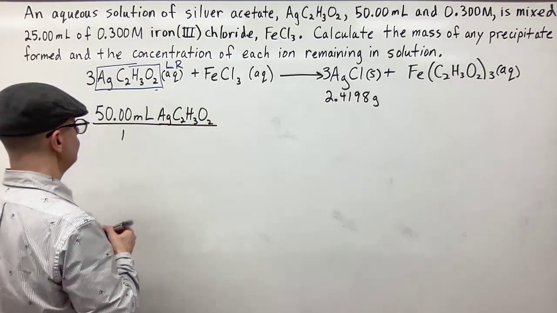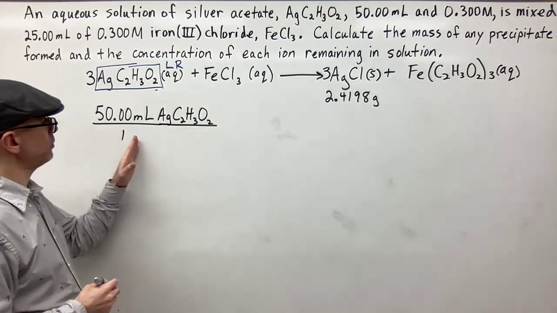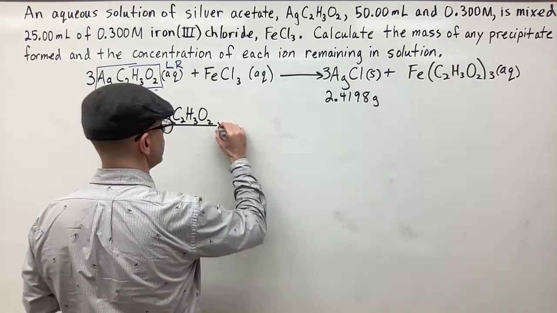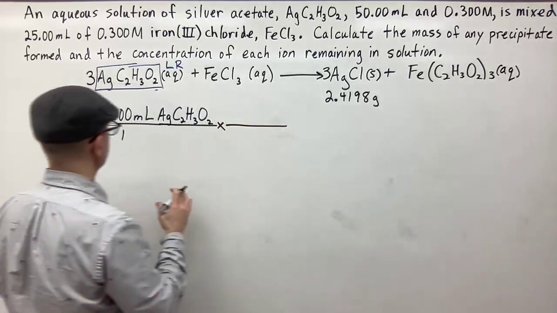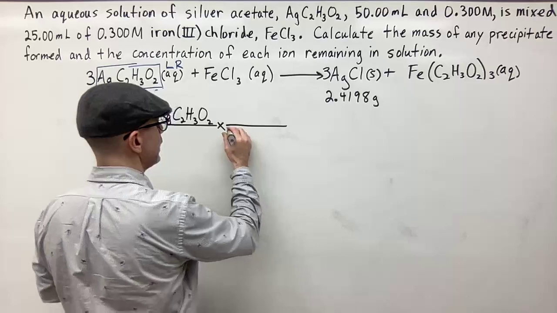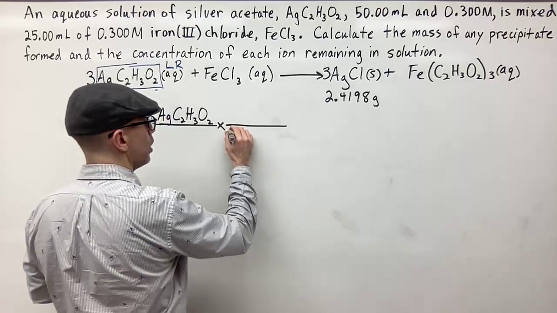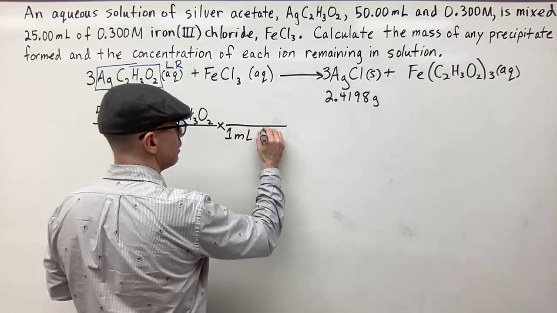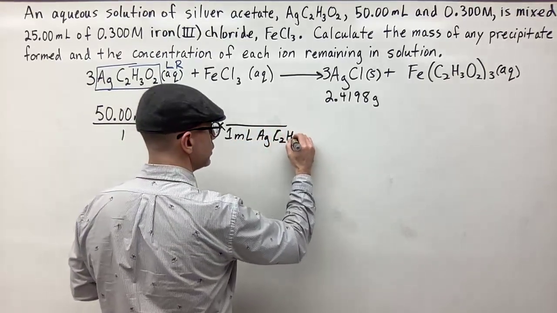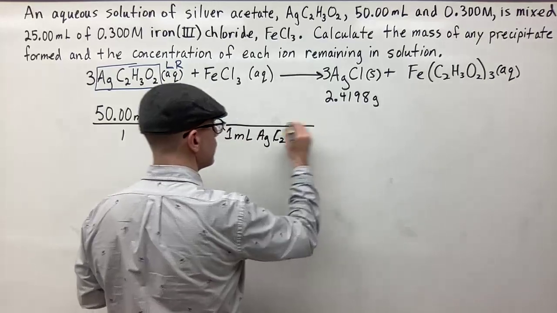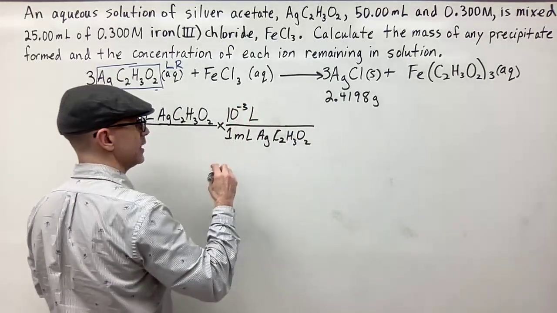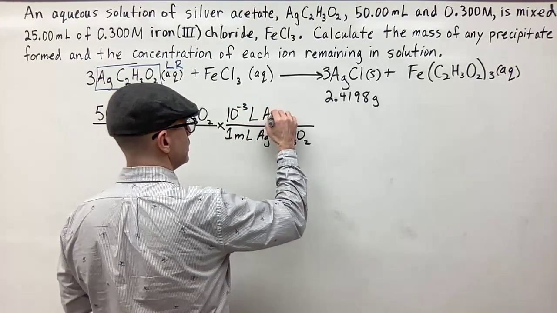So here we have 50 milliliters of silver acetate. We're going to use the molarity again to convert to moles, which means we have to convert this to liters again. So we have 1 milliliter of the silver acetate, C2H3O2, and then 1/1000th of a liter, or 10 to the negative 3 liters of silver acetate on top.